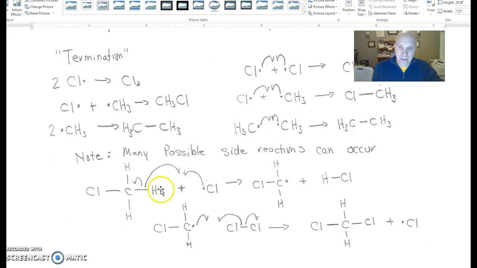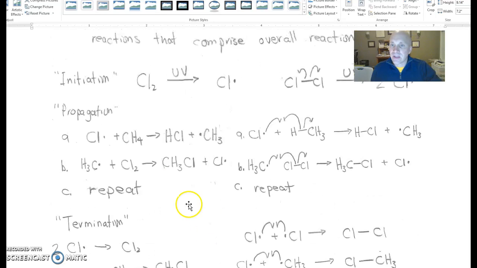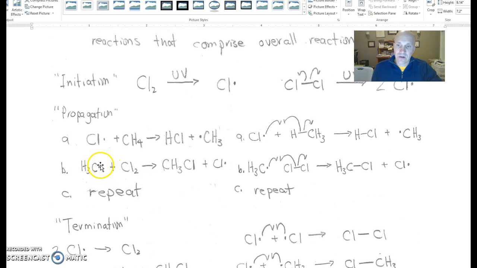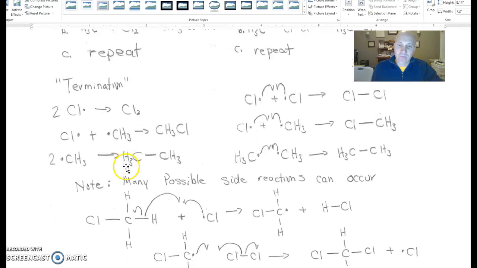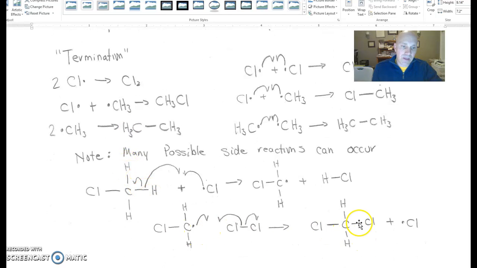That is indeed something that could happen. That would create this chloromethyl radical, along with HCl. That chloromethyl radical could react with chlorine, just like we had in this step where we were doing it with the methyl radical. If that were to happen, we would end up making this molecule right here. You could call it dichloromethane, but a lot of times it's called methylene chloride, which is a very common solvent. It's what some people are using in their IAs.